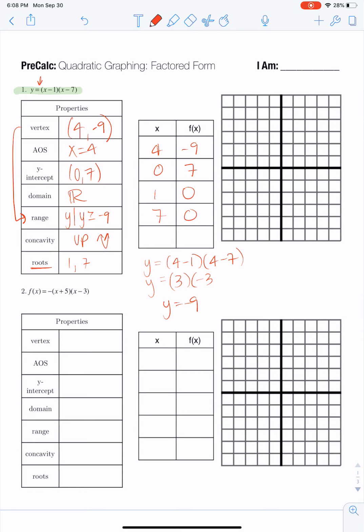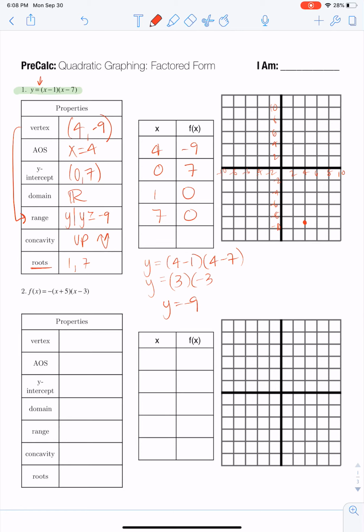I have a few values here that I can go ahead and plot, and I can graph my function from there. So taking a look, if I make this 2, 4, 6, 8, and 10, negative 2, negative 4, negative 6, negative 8, and negative 10 on both axes, I can go over 4 and down here to negative 9.